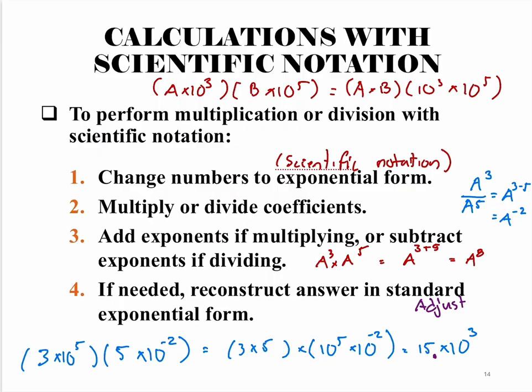I'll write it on the board too. So we have 15 times 10 to the 3. Initially, our decimal place for this coefficient is right there. We want to make it in between 1 and 10, so do you move it to the left or the right? The left, right? So whenever we move something to the left, how do we account for that in the exponent? How do you guys think?